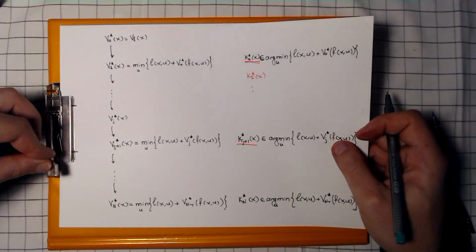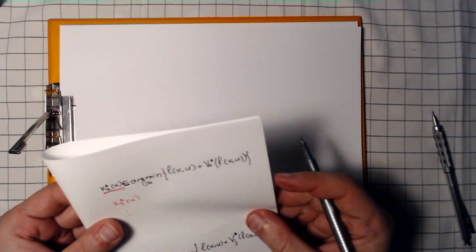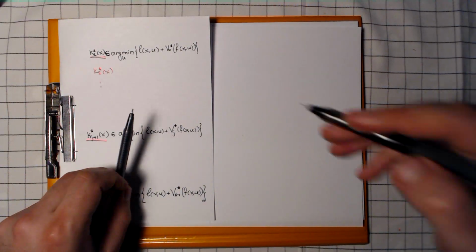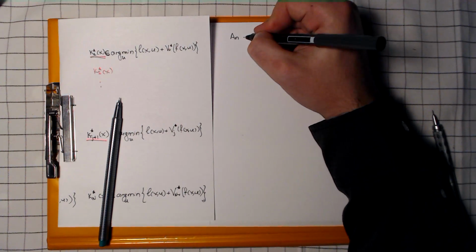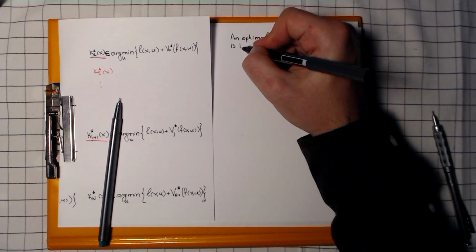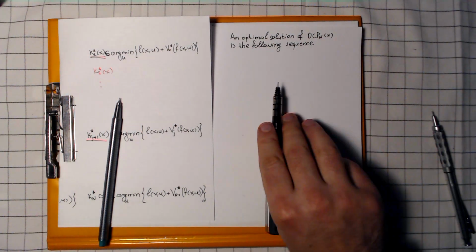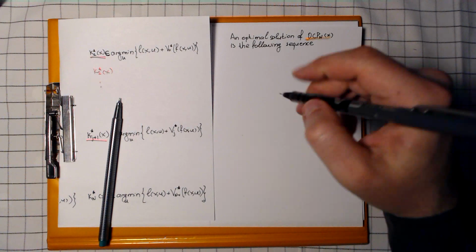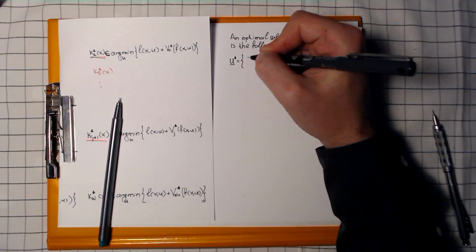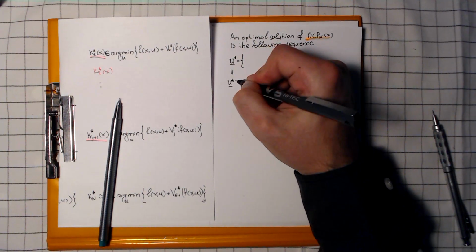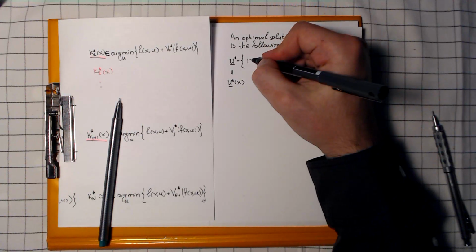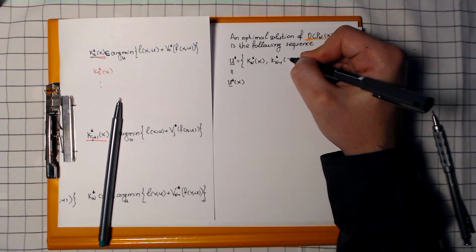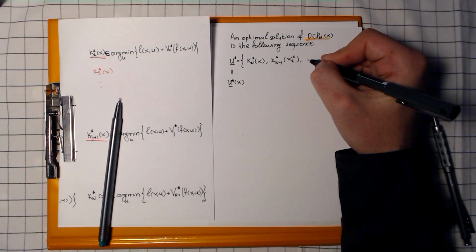If we do that, then an optimal solution of this problem, OCP with horizon n and initial state x, is given by the following sequence: u underline star of x, with initial condition x, is given by kappa n star of x, and kappa n minus 1 star of the next state x1 star, and so on and so forth.